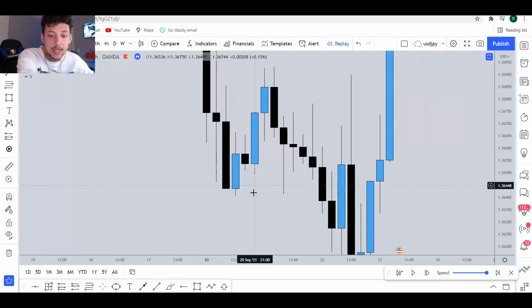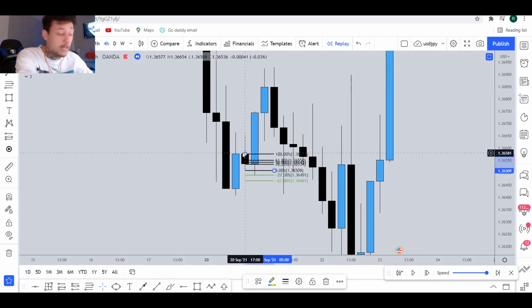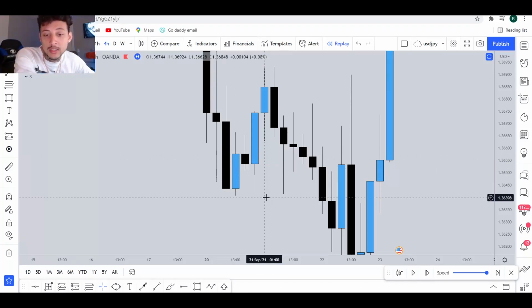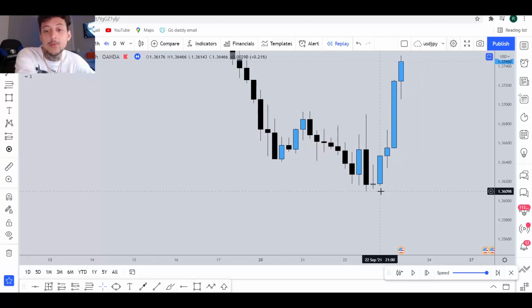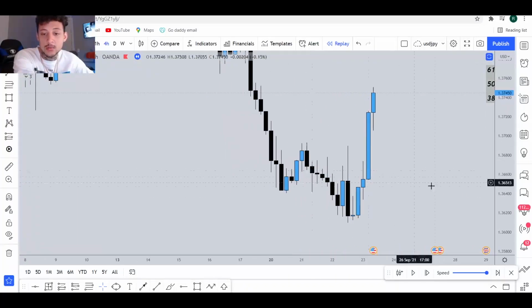Notice how it's not a very big candlestick, but it is a strong candlestick because it closed within the 50% of the actual candlestick itself, right? So if we take a quick look at it here, you can see that it closed within that area, and it left a really small wick to the downside, meaning that it is a pretty strong candlestick there as well, right? But in this situation, this is going to be a very weak candlestick.